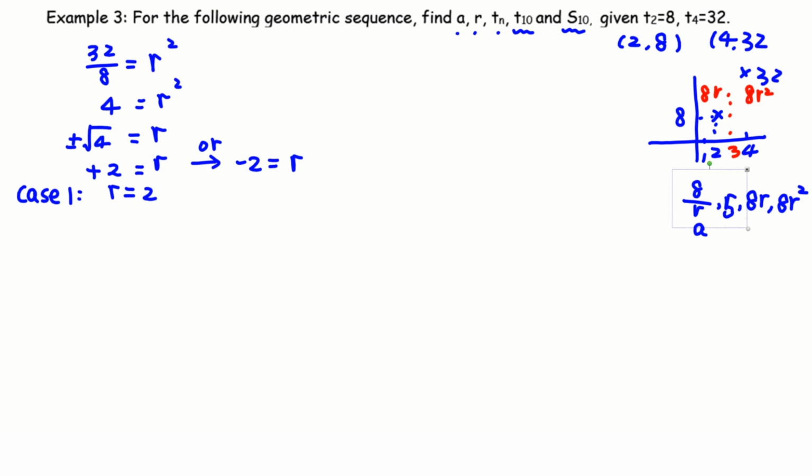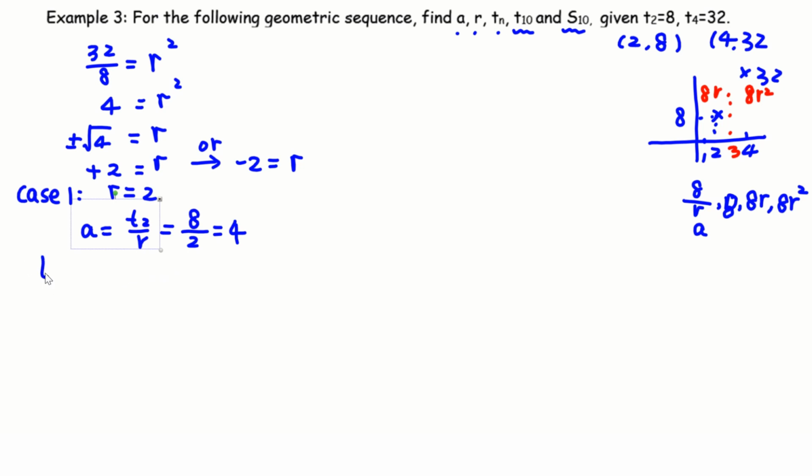First term times r gives you 8. So now we know that a equals the second term divided by r. The second term is 8, 8 divided by 2 is 4, so the first term is 4.